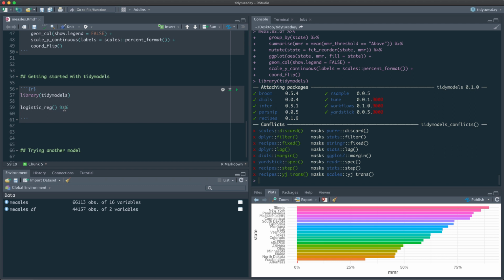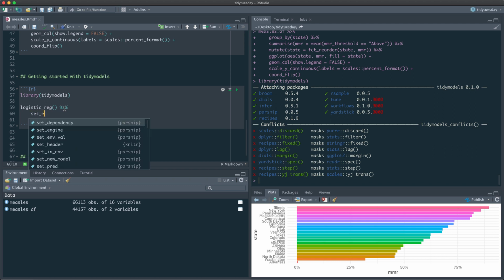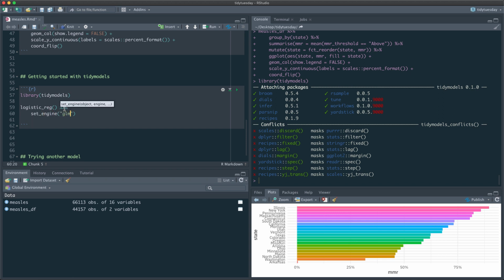It has mode equals classification. We're going to set the engine for this model using glm, so just a classic generalized linear model version of logistic regression, and then we are going to fit it.